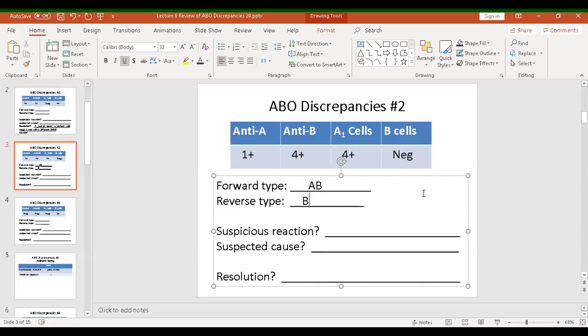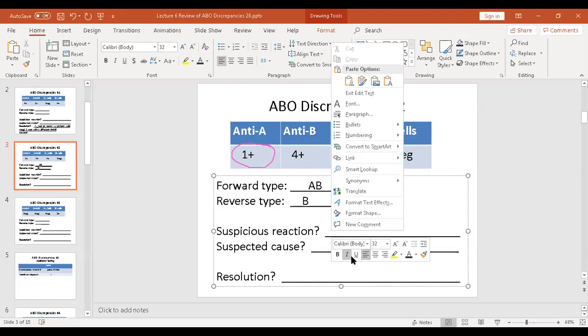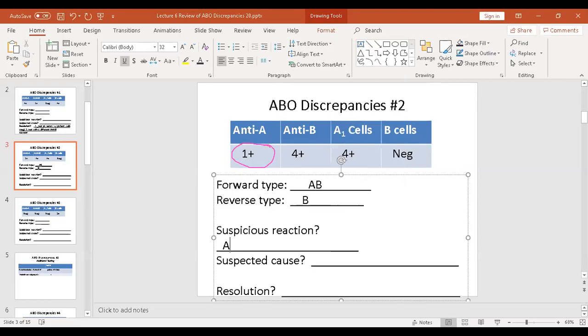Once again, we want to look for weak or missing reactions. And if we're looking across here, this 1 plus is suspicious. So our suspicious reaction is going to be the anti-A.